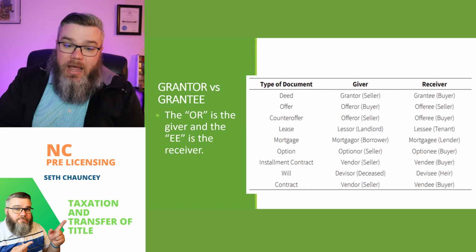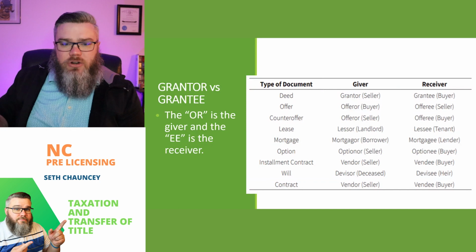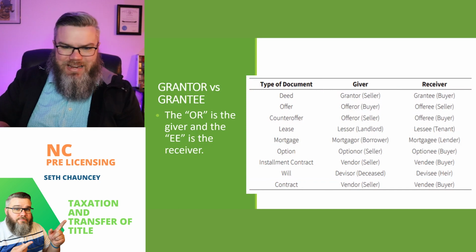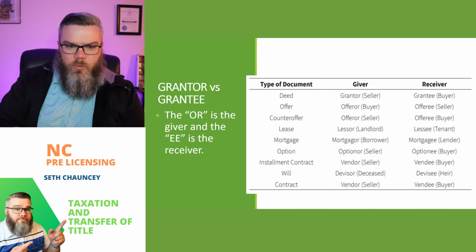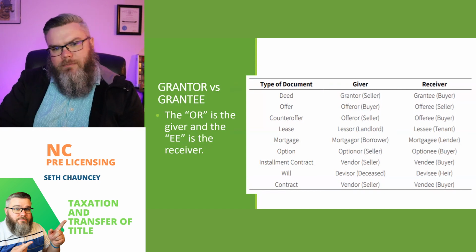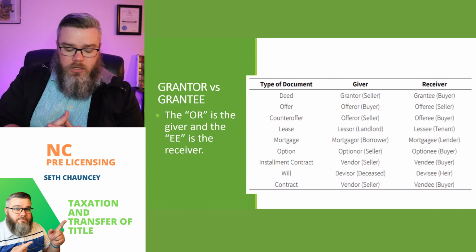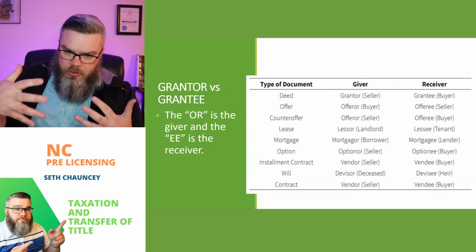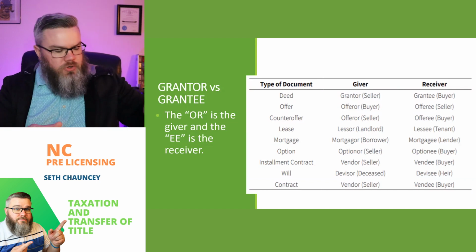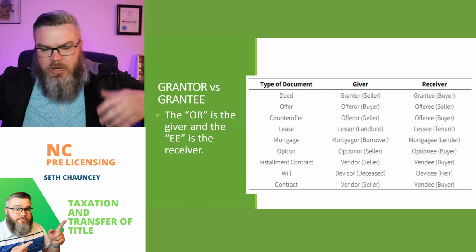In North Carolina, we don't even consider you the owner until you record the deed at the Register of Deeds with your name on it, where it shows that transference. I'm going to say this again. In North Carolina, we don't even consider you the owner until the deed is recorded that shows that the grantor and the grantee have been updated.